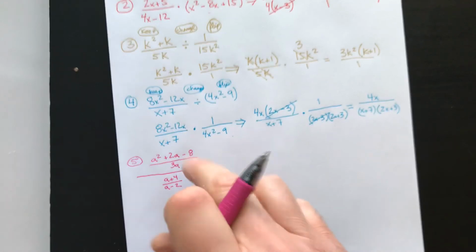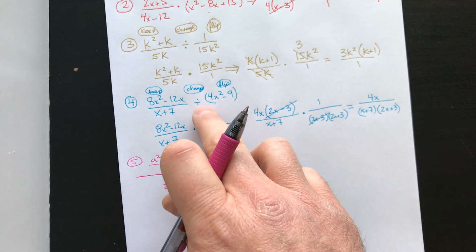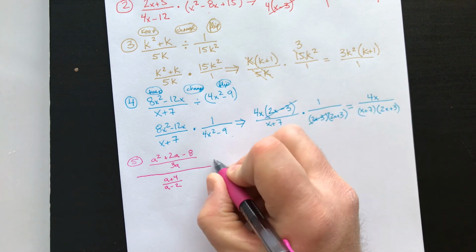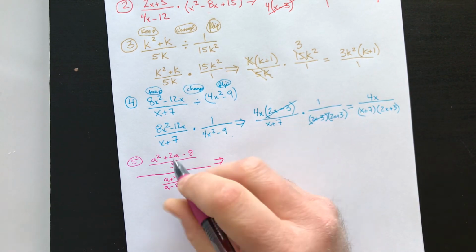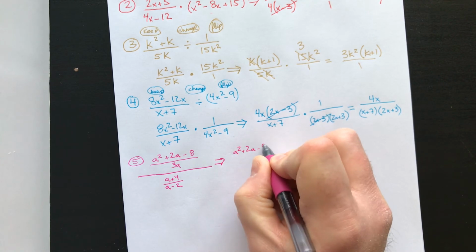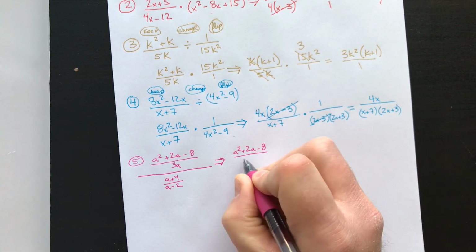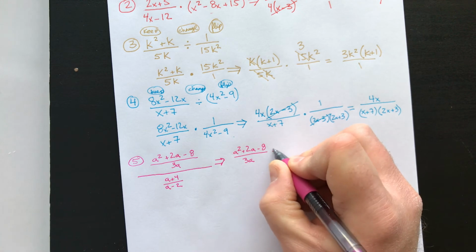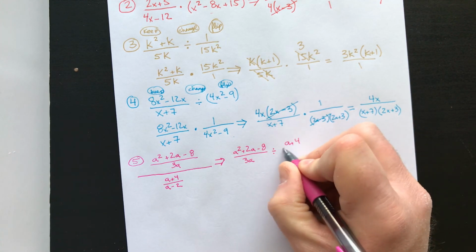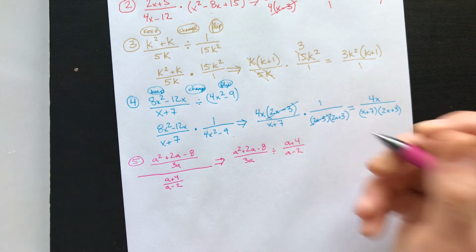You can rewrite this to make it look like this, the blue one or the gold one. So let's just do that, all right? Because that's what we're comfortable with. So we have a squared plus 2a minus 8 all over 3a divided by a plus 4 all over a minus 2.